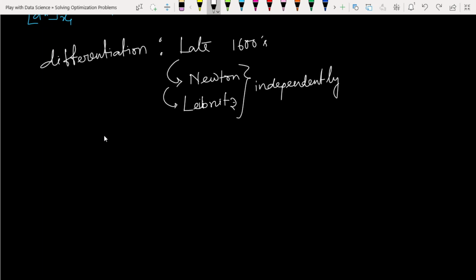If we summarize this concept in a single line, differentiation is mainly used to denote the concept of rate of change.